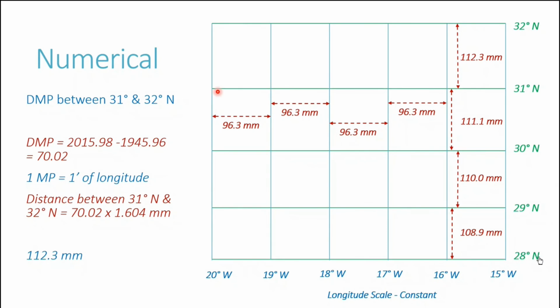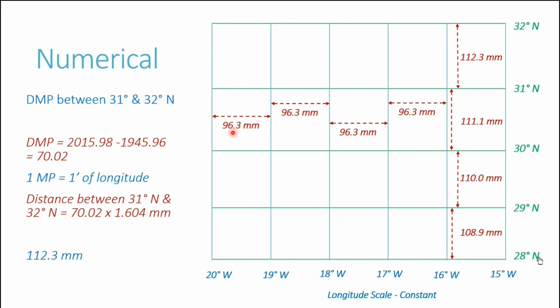How can downscaling be done? Now this gap between two meridians is 96.3 mm. If you use a downscale of 1:10, you can make this gap 9.6 millimeters. So instead of 96.3, if you take a downscale of 1:10, it becomes 9.6 millimeters.